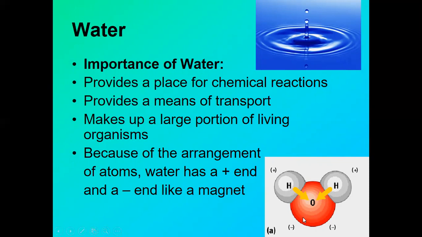The oxygen gets custody of those electrons a little bit more often, so it's negative. But remember, +1 -1 is neutral, so the overall compound is neutral. It's just different areas on the compound are positively or negatively charged.